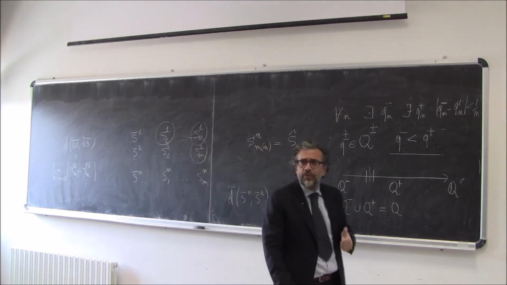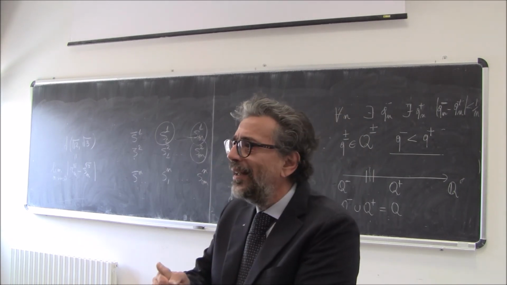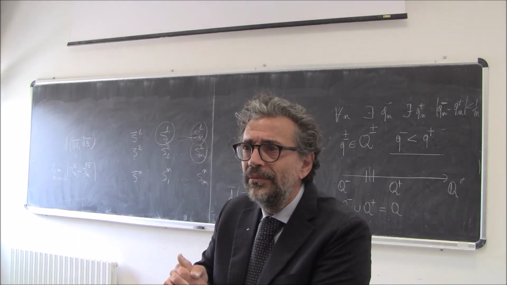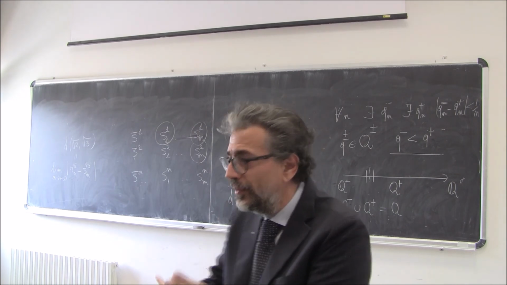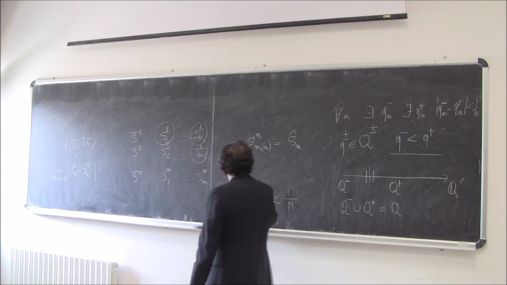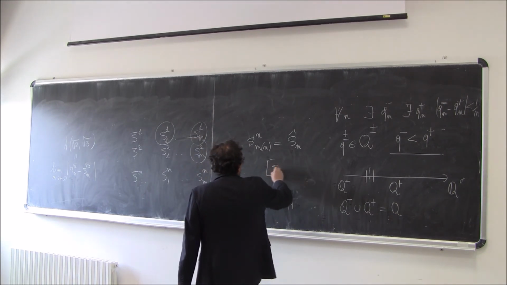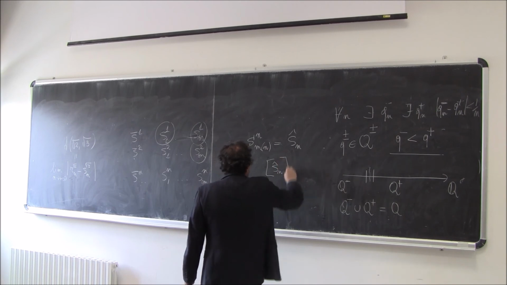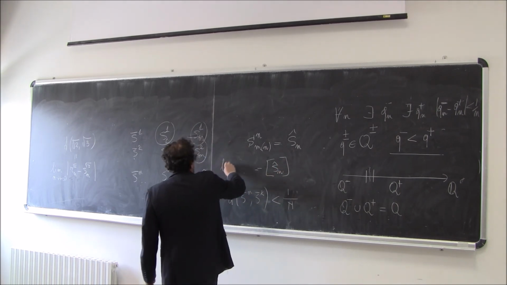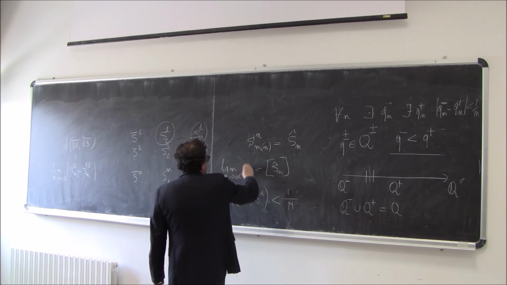Then I must prove first that S hat of n is Cauchy, and second that the class of equivalence of S hat n is equal to the limit of S bar n.